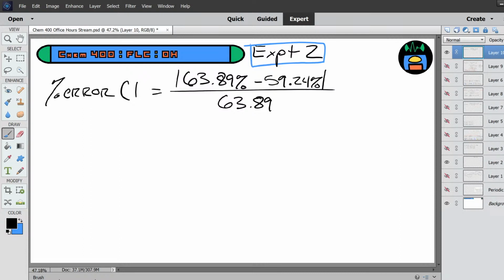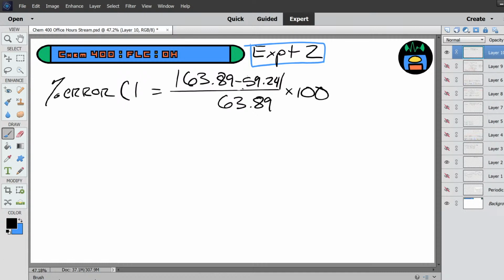I don't need these percentages. Let's see, 59.24 times 100. All right. 63.89 minus 59.24 divided by 63.89 times 100. Oh, wait. Let me take this one step at a time here.